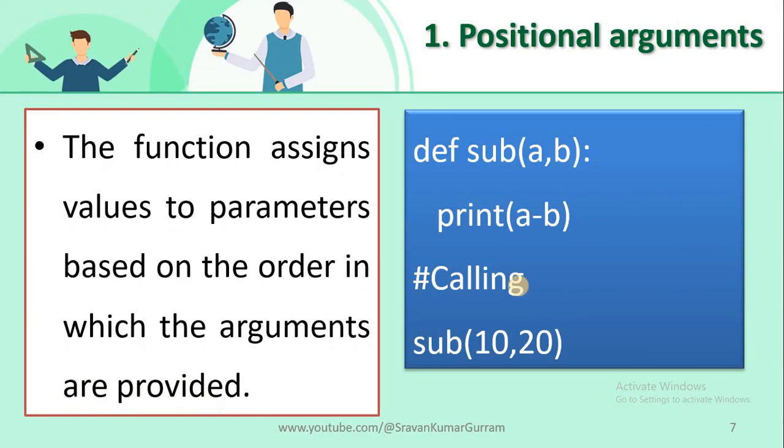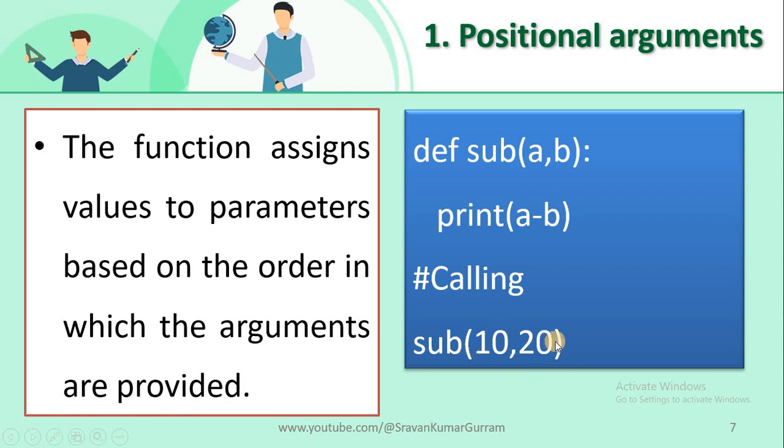First one, positional arguments. The function assigns values to the parameters based on the order in which the arguments are provided. See this code. We have a function with the name sub, for subtraction, and I want to print a minus b value in the function. This is the function calling statement. Whenever you are calling the function, we need to pass the arguments. Those are called actual arguments, which we covered just now.